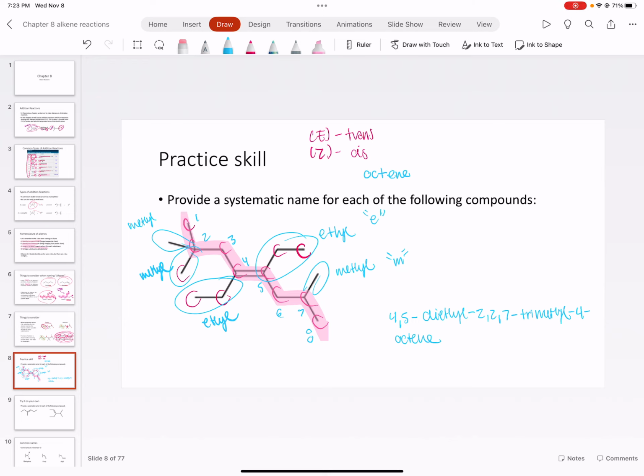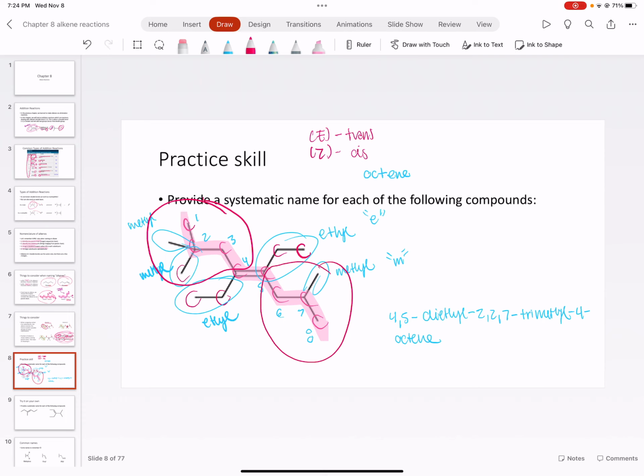For example, if we compare this one and this one, the one that has higher priority is going to be this side. And if we compare this one and this one, the one that has higher priority is going to be this side.